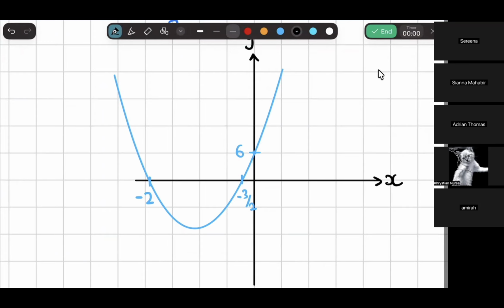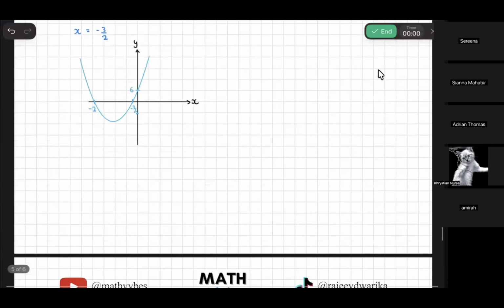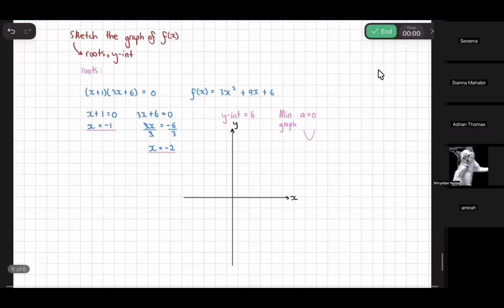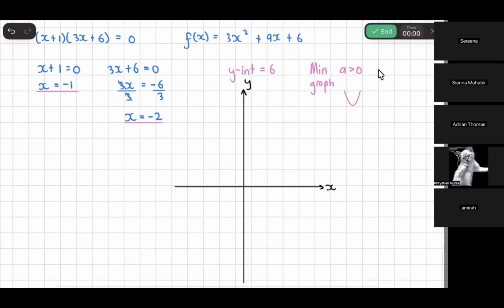The roots and the y-intercept. Yeah, we know the roots and the y-intercept, but it would be nice if I knew the lowest point of the graph. That's why I use completing the square. It's also called the vertex form because you use it to figure out the lowest or the highest point of the graph. That's the only other thing you really need to know when sketching a graph.